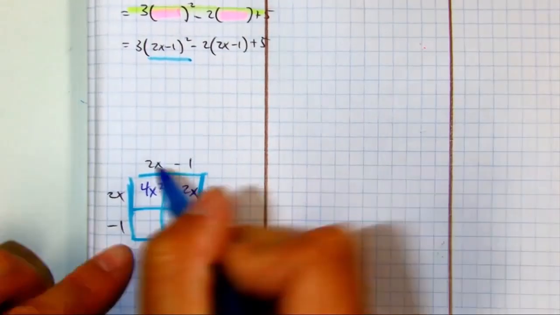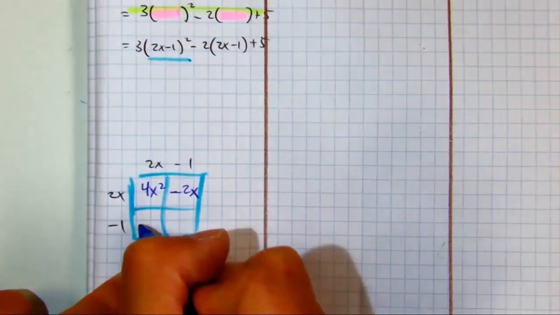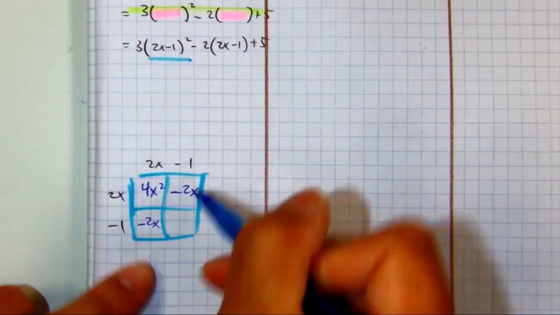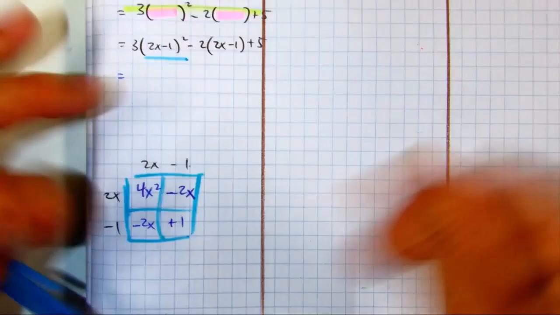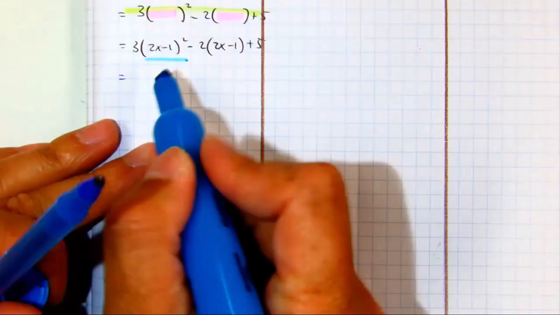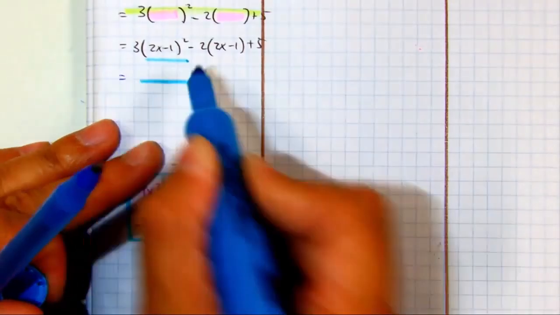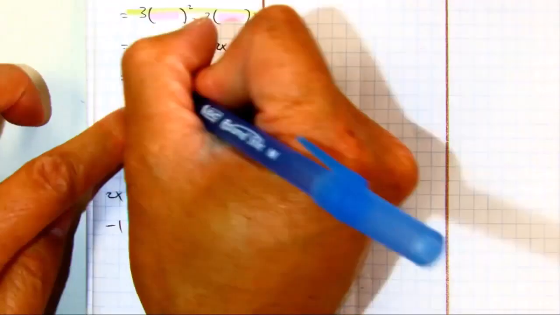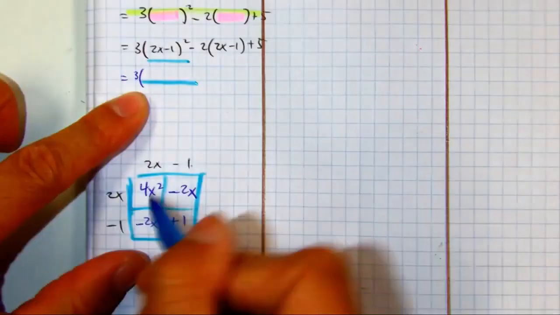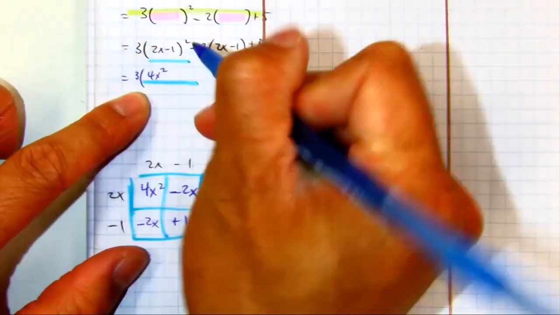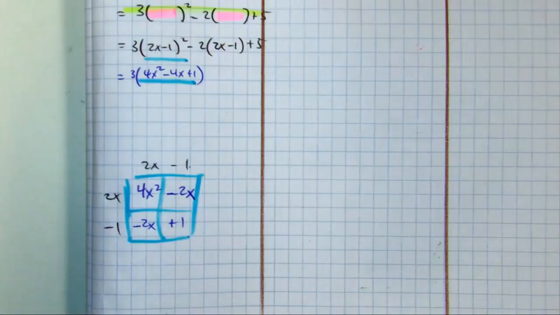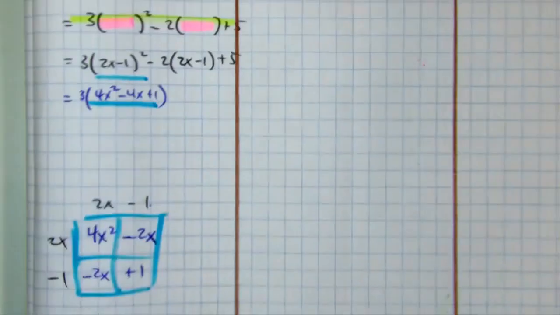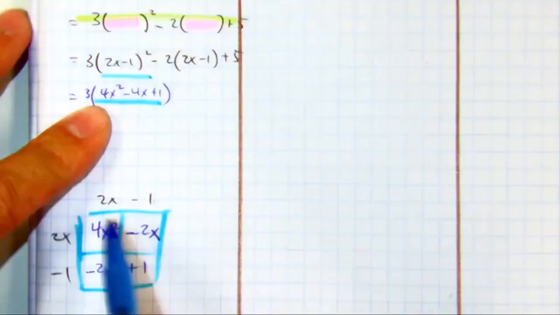Negative 2x. Multiply. So now from the blue, we have 3 times the quantity 4x squared minus 4x plus 1. So I just multiplied 2x minus 1 times 2x minus 1.